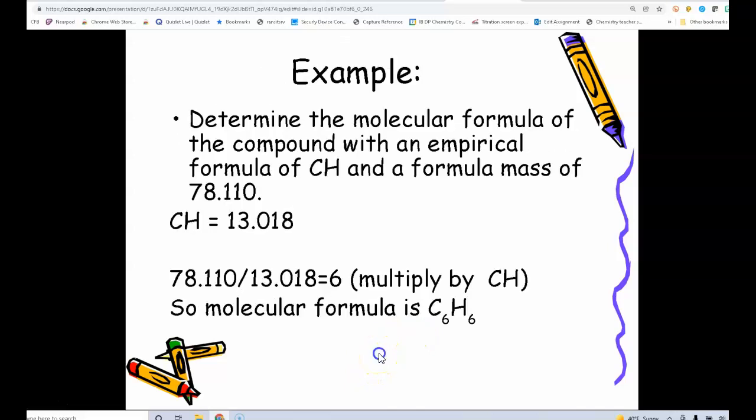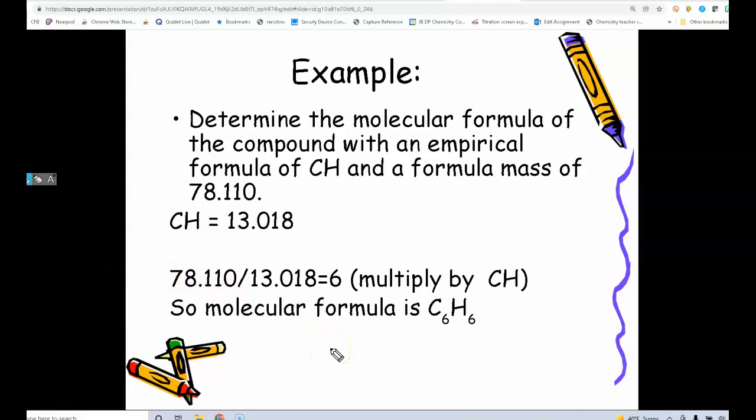So let's take a look at our example here. It says determine the molecular formula of the compound with an empirical formula of CH and a formula mass of 78.110. So I can tell by figuring out the formula mass of the CH. Now you might wonder, how do we figure out the formula mass of the CH?